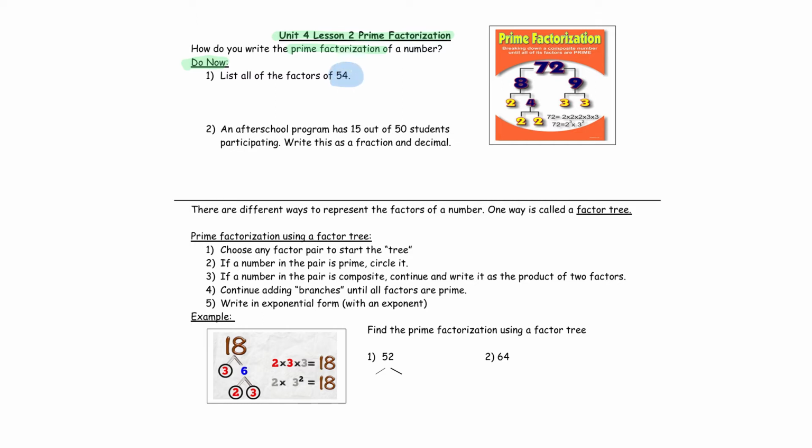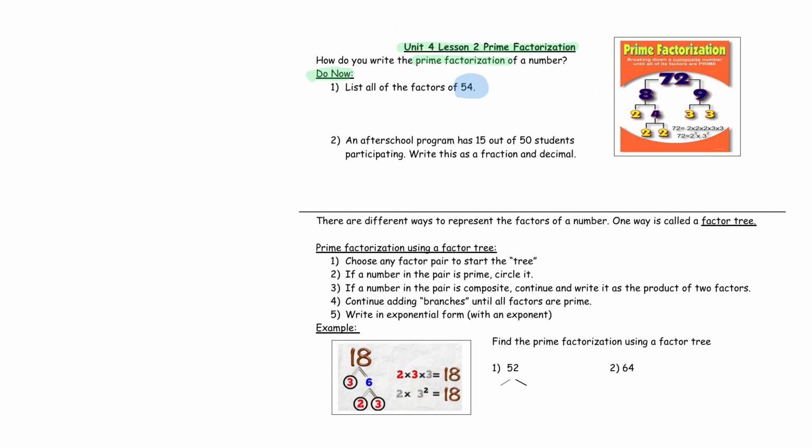So if we were to list all of the factors of 54, I'm thinking I am going to make a T-chart for 54. So it would be 54, and I make a T-chart, and then I list all of the factors. So I know it's 1 times 54, 2 times 27. I know 3 can go in because 5 plus 4 is 9.